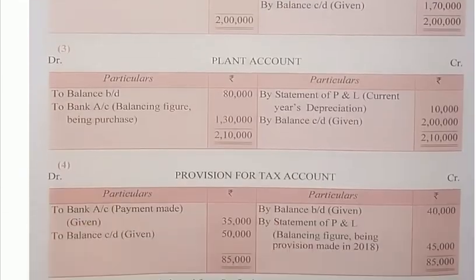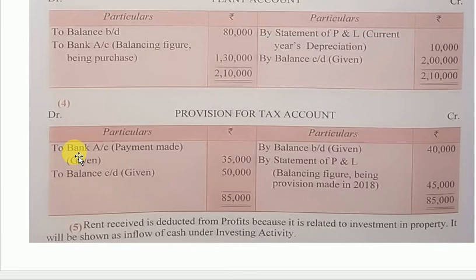So this should go on the debit side of the provision for taxation account, to bank account, tax paid 35,000. Now the debit side has a total of 85,000, whereas there was a posting of 40. So the balancing figure is 45,000. This is provision for tax made during the year. So we write by statement of profit and loss, provision for tax made during the year.